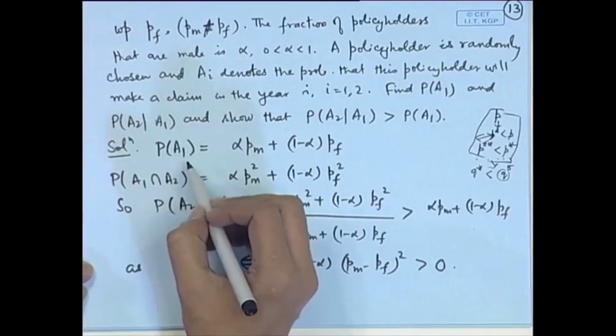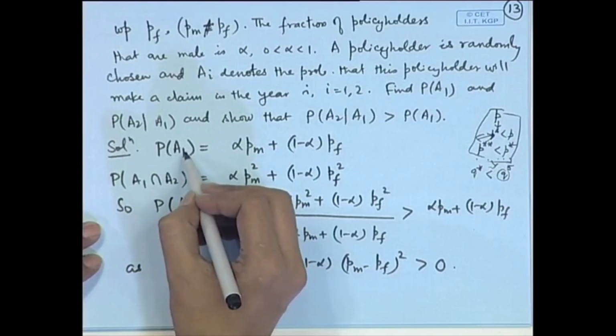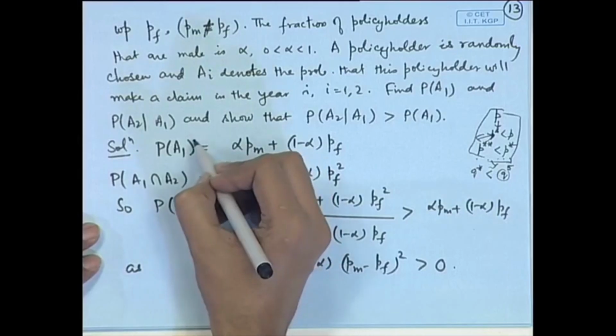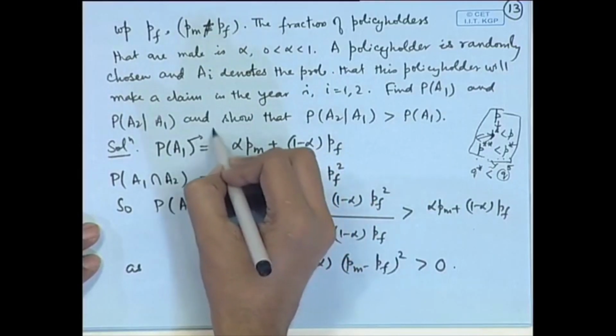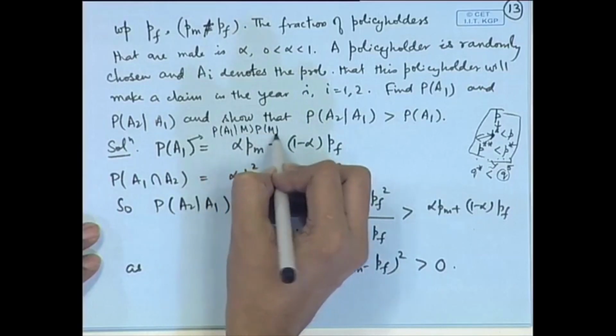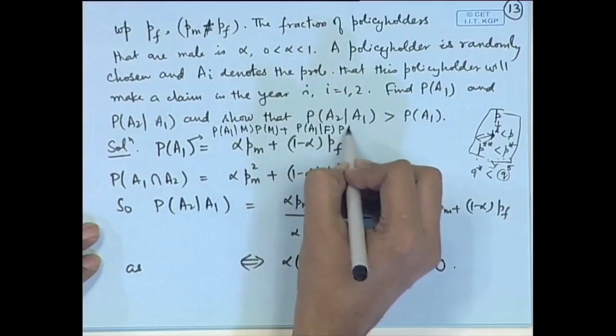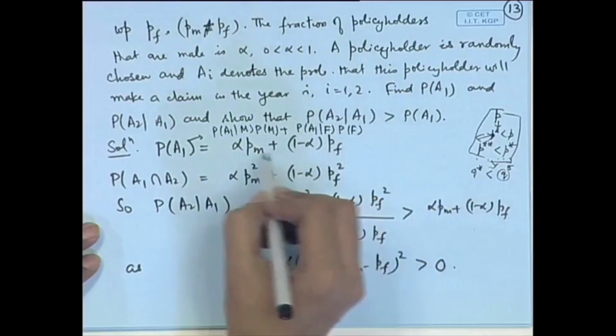So, using the same argument, the probability of A 1, that means the person makes a claim, is found by using the theorem of total probability. This is the probability of A 1 given that he is a male, plus the probability that he makes a claim given that the person is a female.